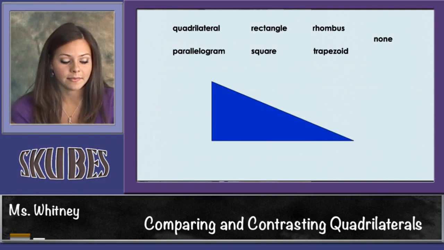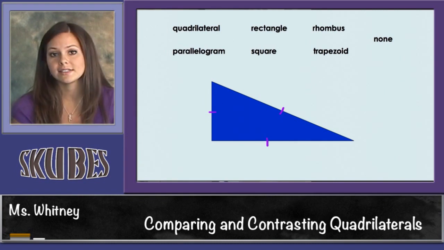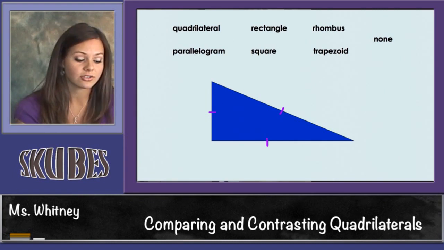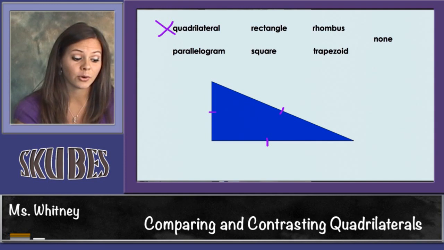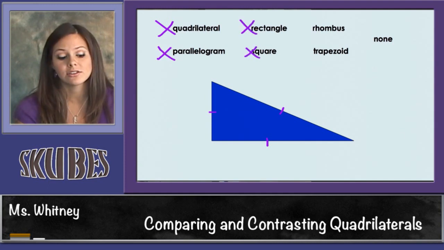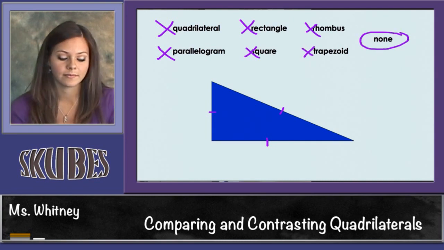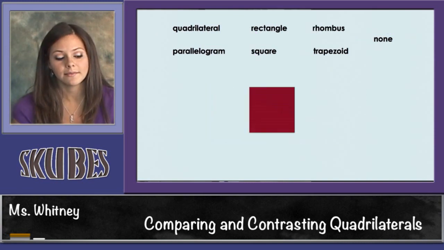This first shape has 1, 2, 3 different sides. It is not a quadrilateral, and therefore it is not any of these other shapes because it only has 3 sides. Let's look at the next one.